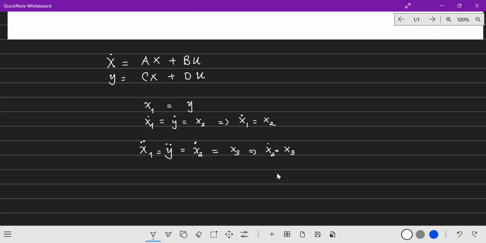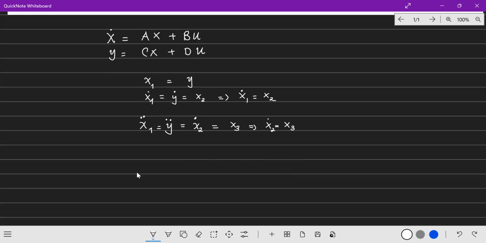Now next, what if I differentiate again for the third time? Let's go ahead and do that. x1 dot is y dot, which gives x2 dot, and this gives x3 dot.